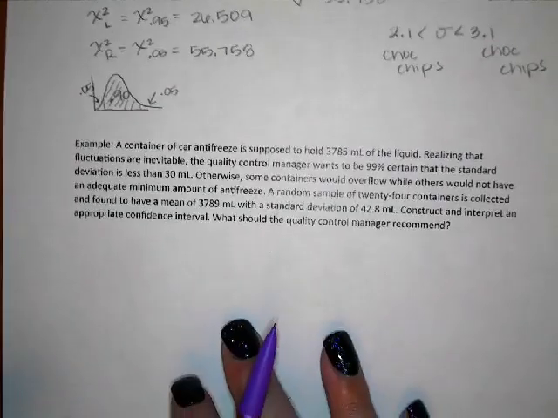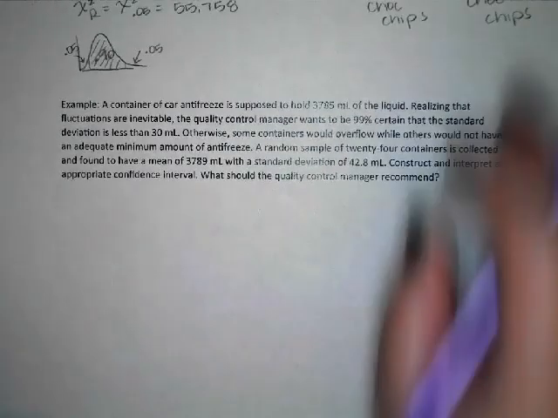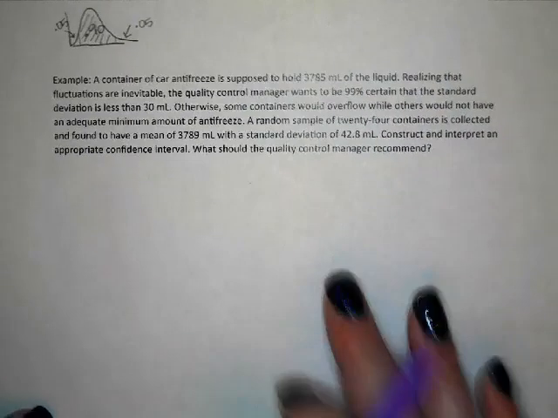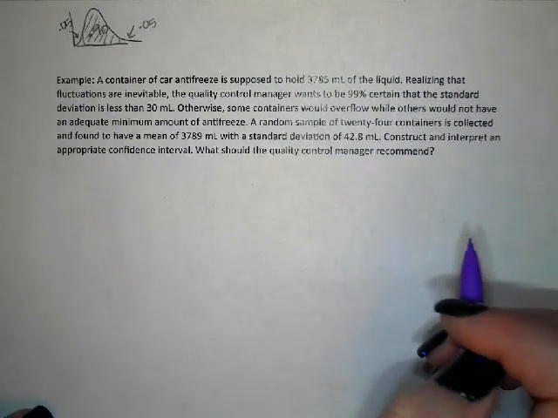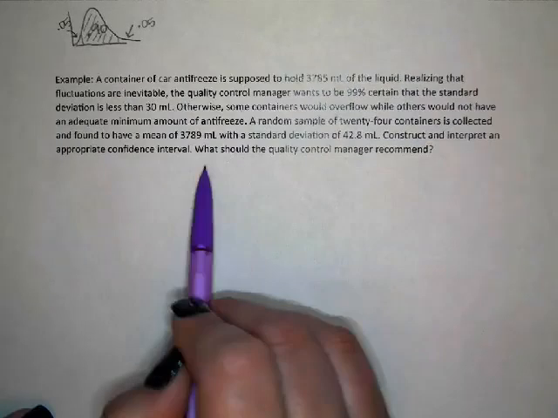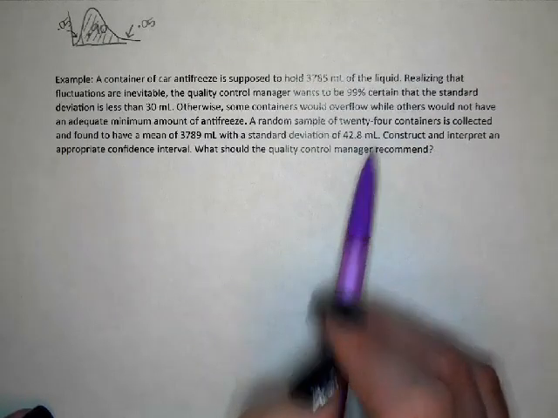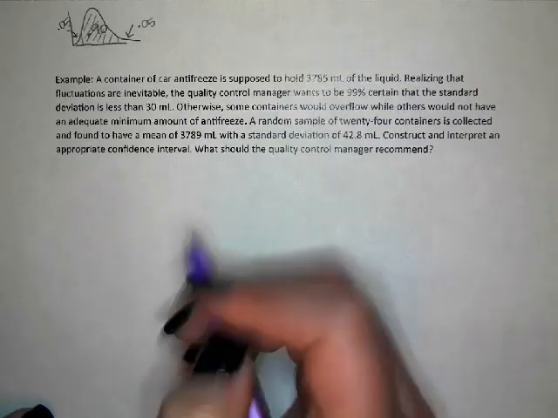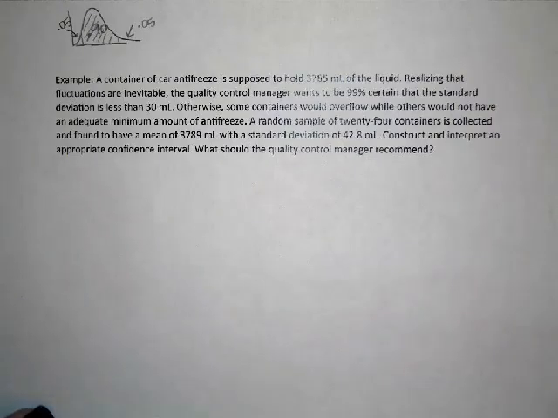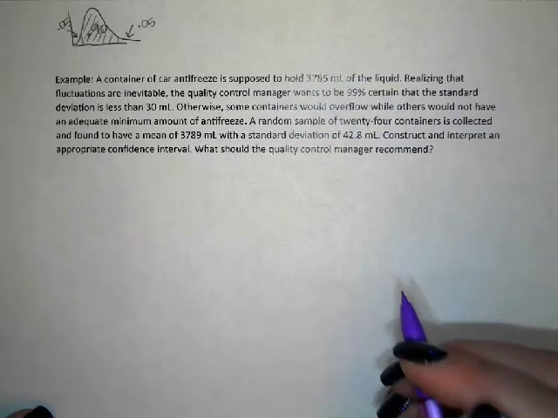Okay, the last example problem, and I would love for you guys to actually go through and finish this problem, even though you might be comfortable with the process, because the interpretation of this problem is a little bit different than the previous problems. So this one says a container of car antifreeze is supposed to hold 3,785 milliliters of the liquid.